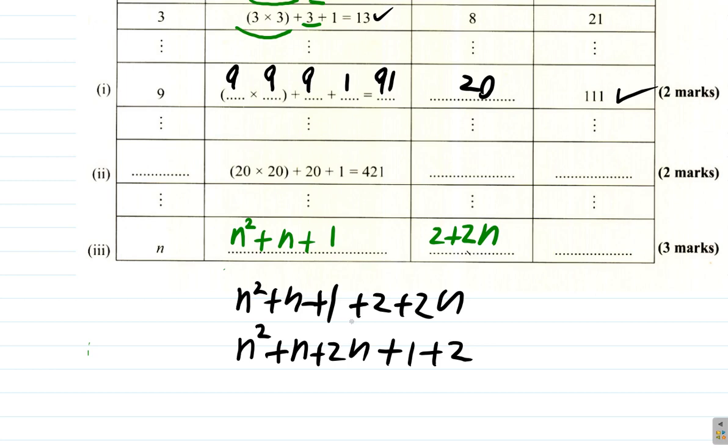Now, n plus 2n gives us 3n, plus 1 plus 2, which is 3. So this should be n squared plus 3n plus 3.